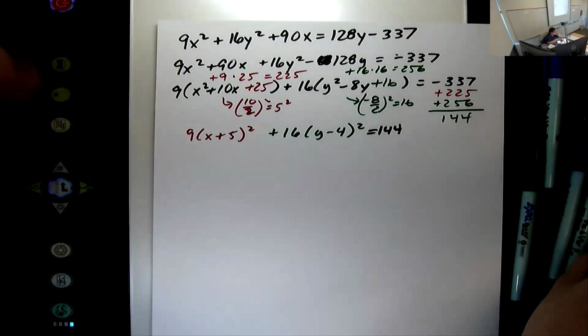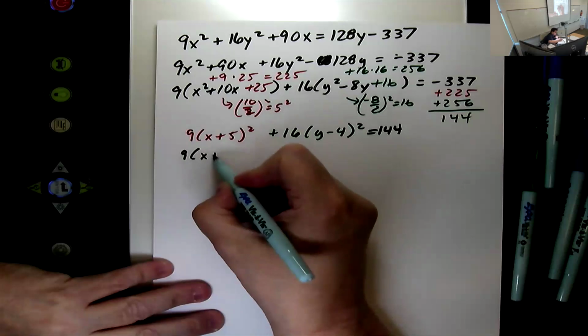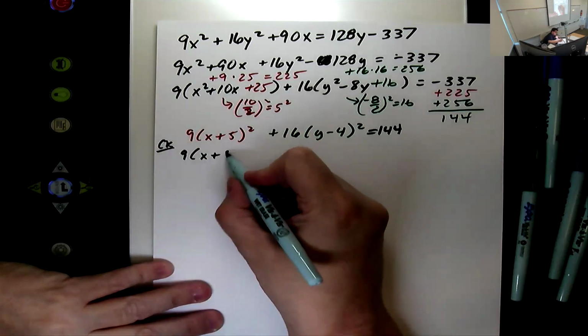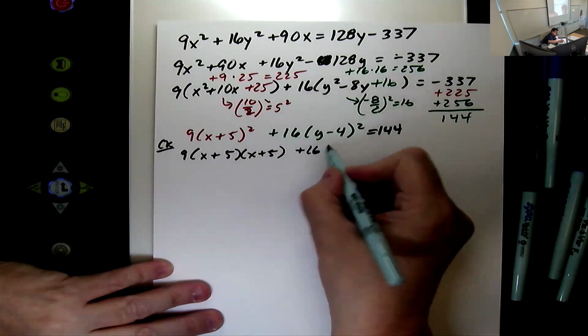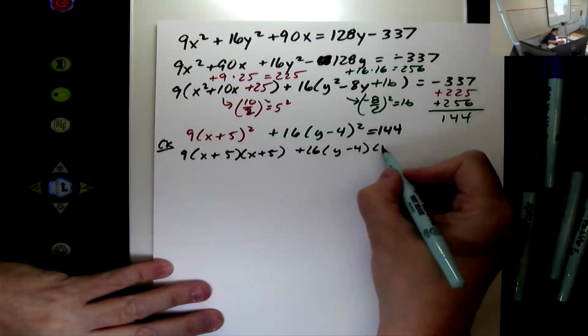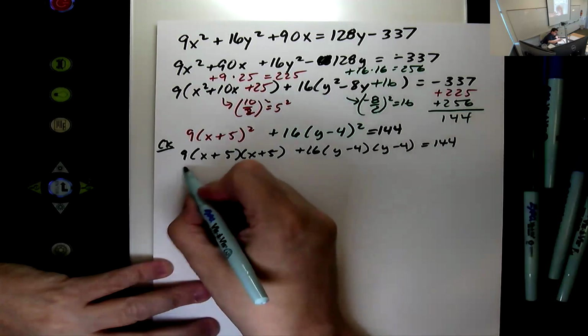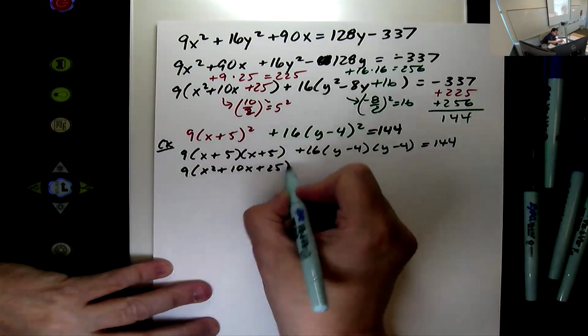So real quick, if we want to make sure we did it right, check real quick before we continue. We've got x plus 5 times x plus 5, plus 16 times y minus 4 times y minus 4 equals 144. That is x squared plus 10x plus 25.